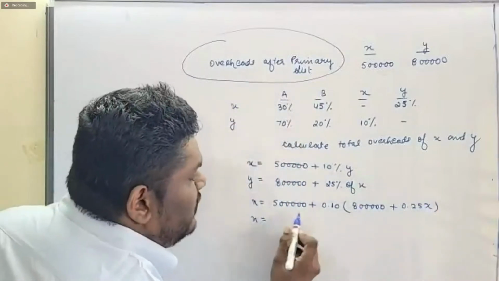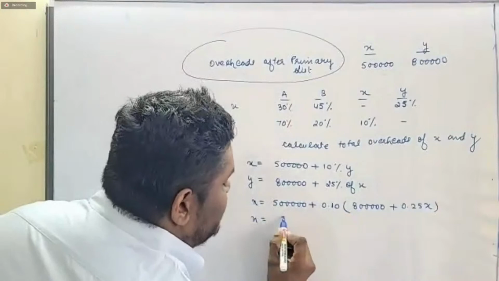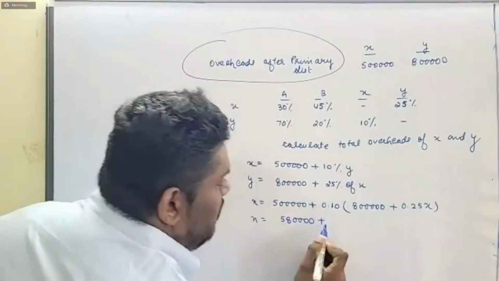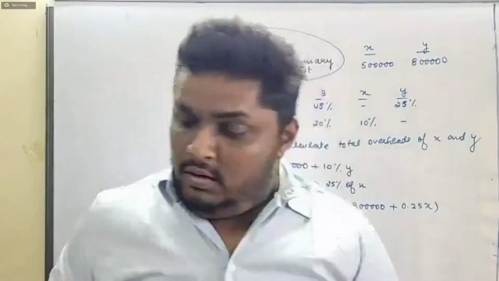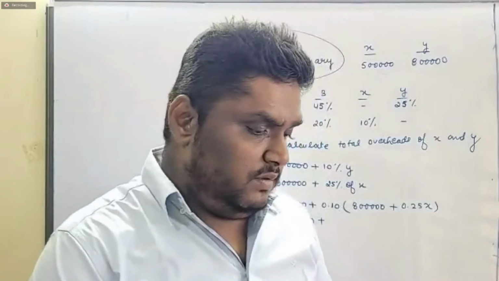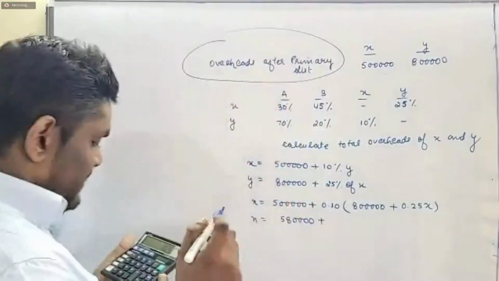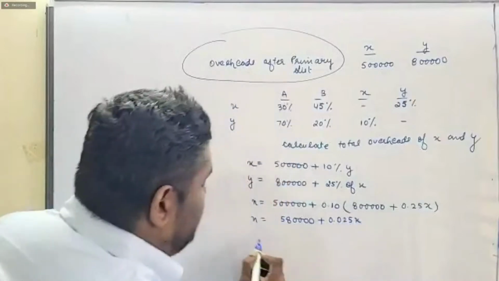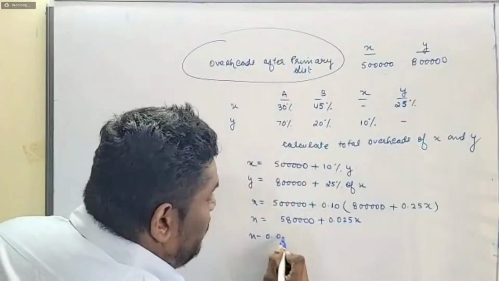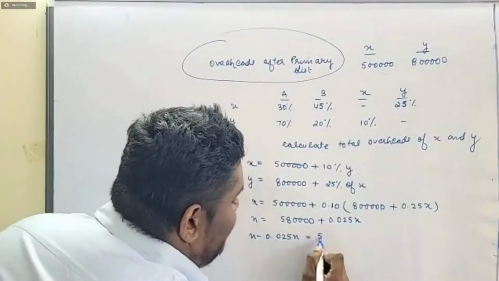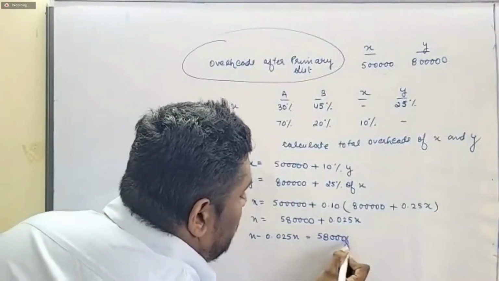So X will be equal to 5 lakh plus 80,000. This will be 5 lakh 80,000 plus 0.25 into 10%, so this will be 0.025 X. So X minus 0.025 X is equal to 5 lakh 80,000.